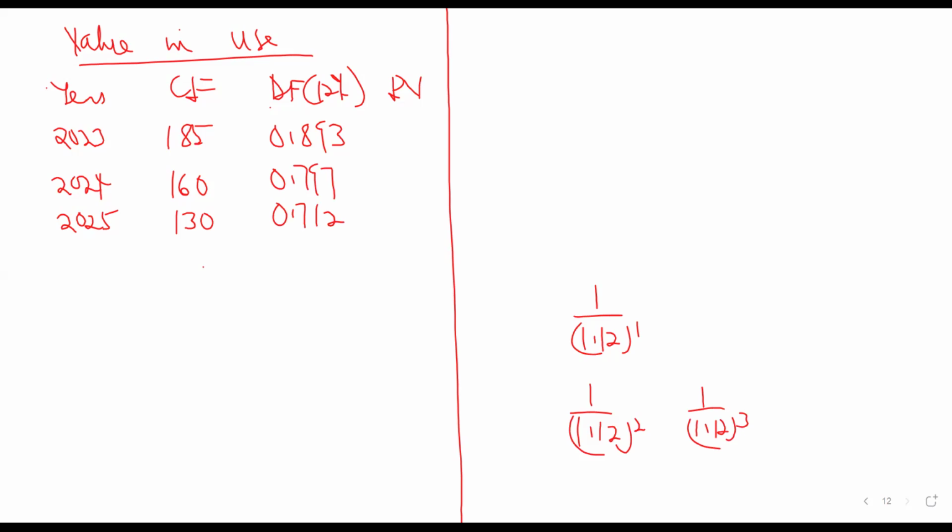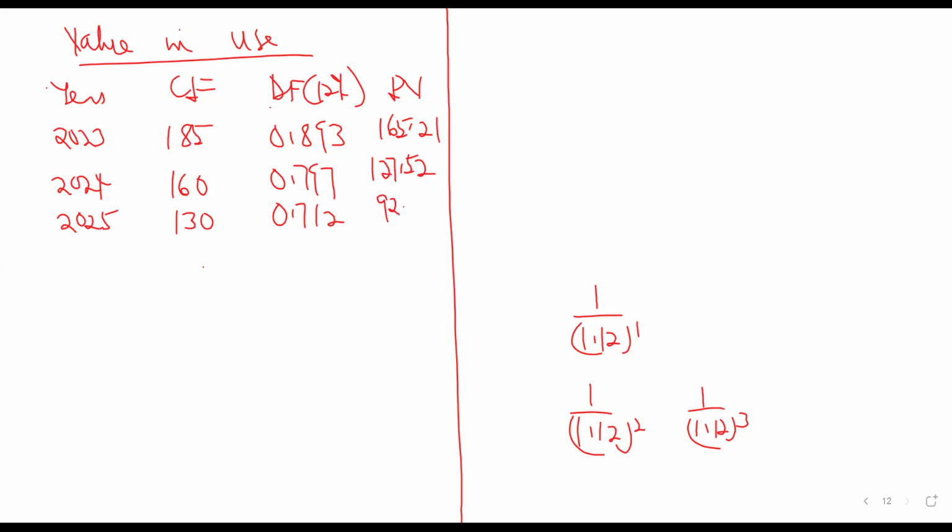Let's multiply. For the first one I am having 165.21. The second one will be 127.52, and the last year will give us 92.56.